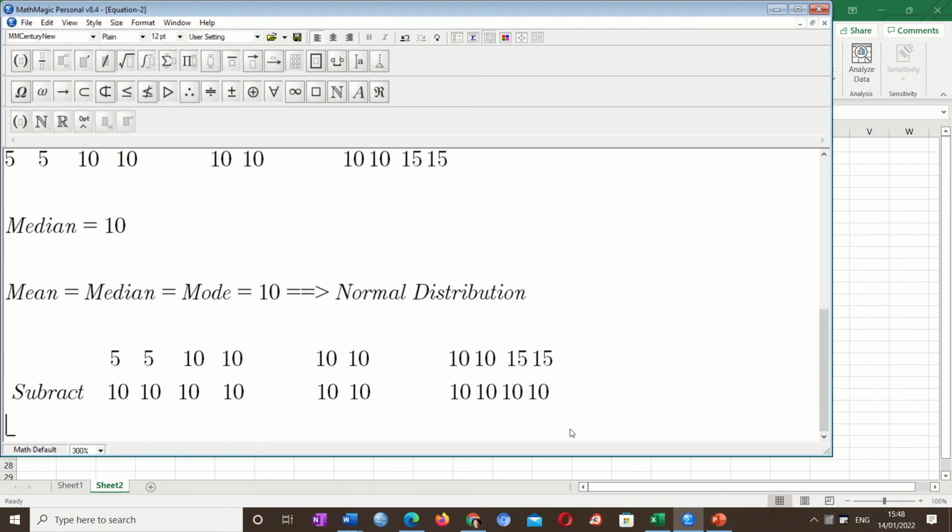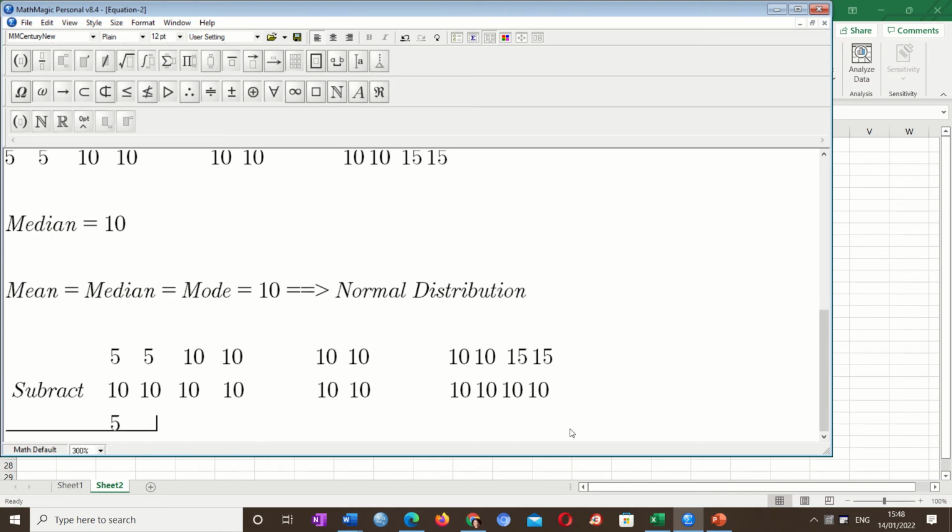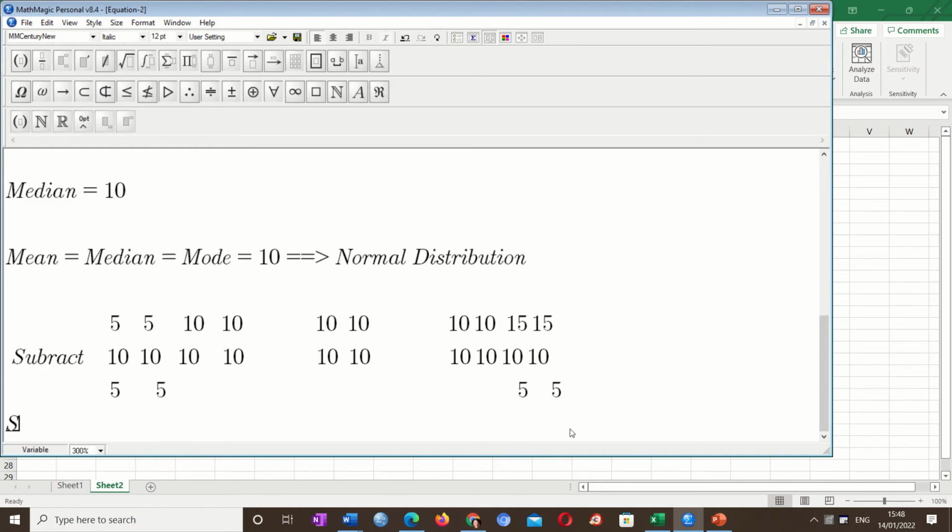And the resulting values are 5 here, 5 here, and these are all 0, and then 5, 5, and 5 here. Now we are going to square these numbers. I am taking the absolute value: 5 minus 10 is minus 5, but I am always taking the absolute value here.